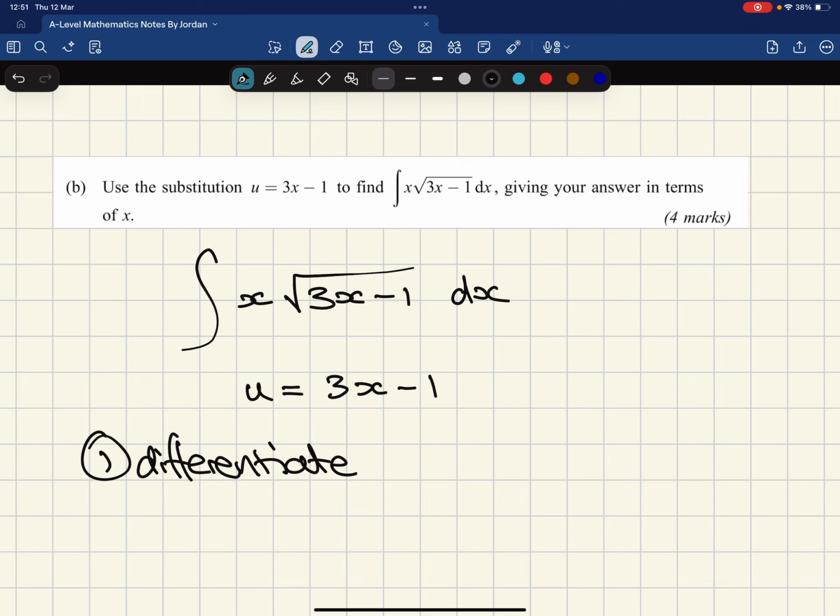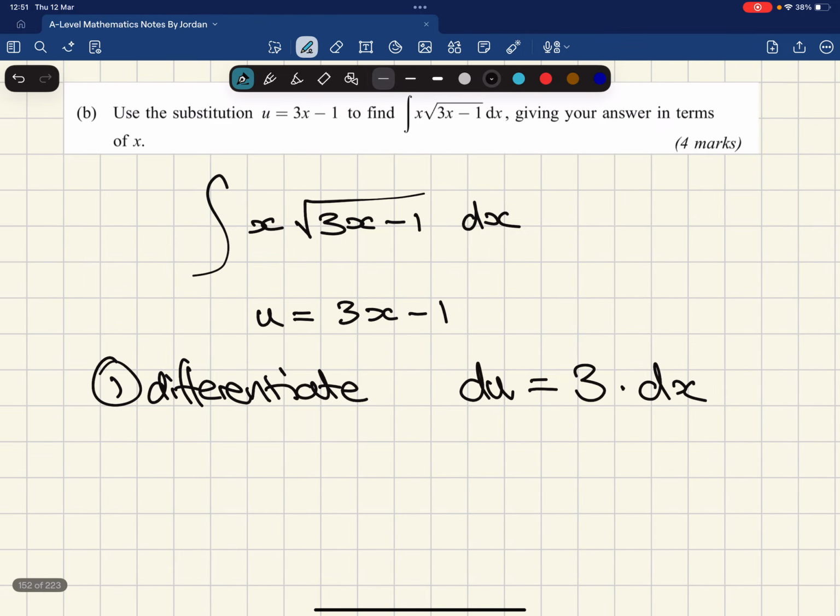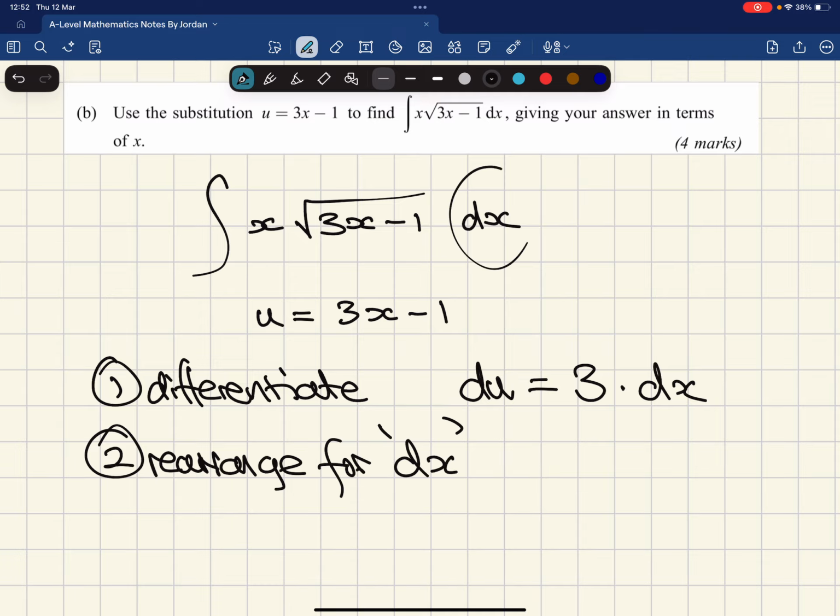So yeah, let's start by differentiating. So we get du equals 3 this time, because remember 3x minus 1 differentiates to 3, and then dx on the end. Don't forget to rearrange then for dx, because remember we need that.